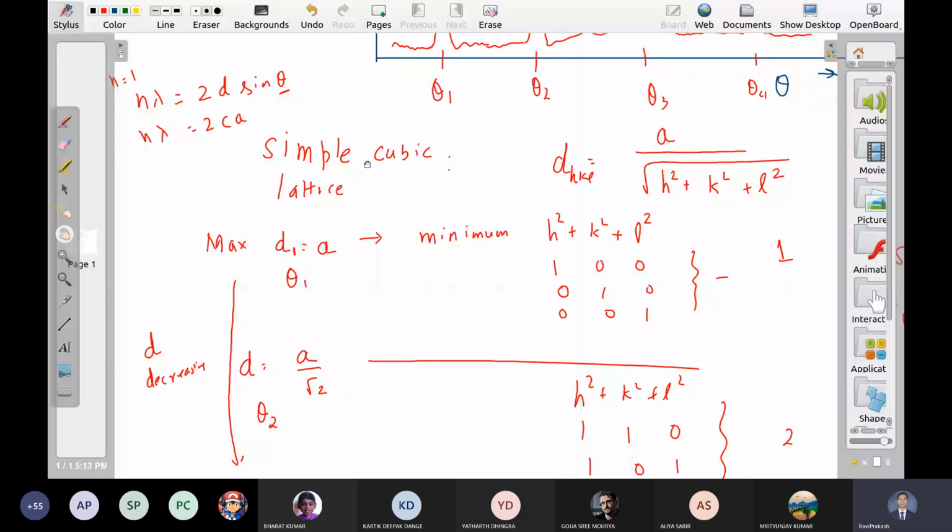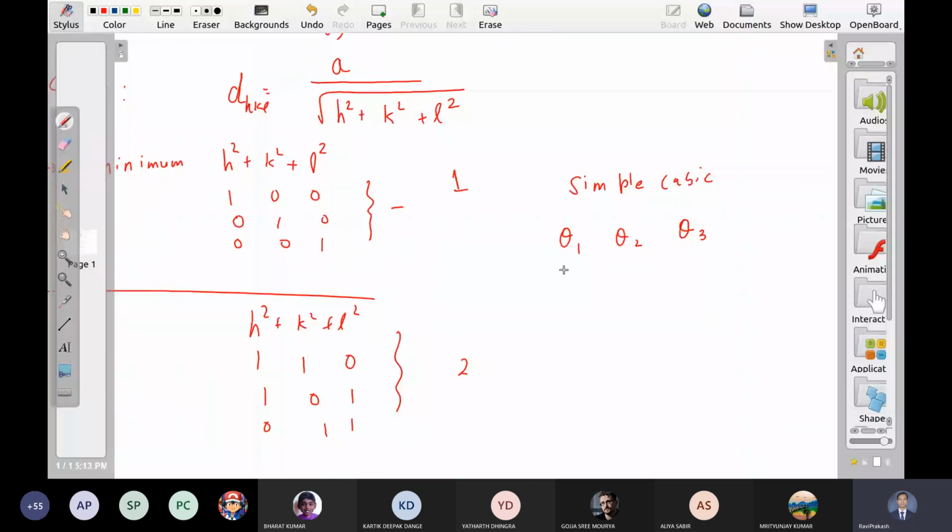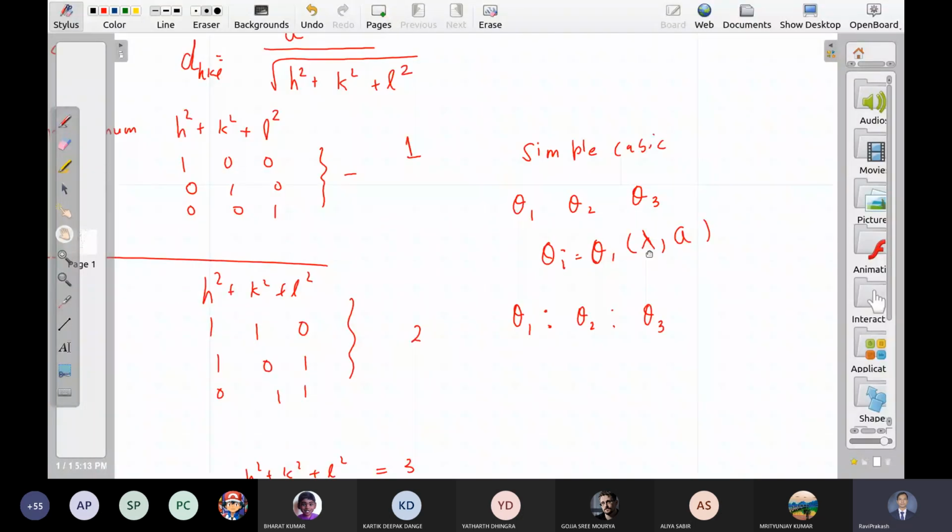So all these angles are functions of wavelength and lattice parameter. And if I calculate their ratio, यदि मैं इनका ratio calculate करूँ तो now this is some fixed number. ये किसी पे depend नहीं करेगा. It does not depend on lambda. It does not depend on A also.